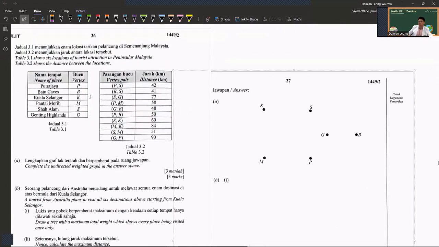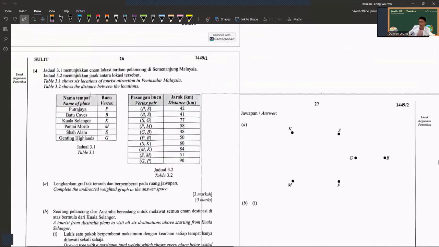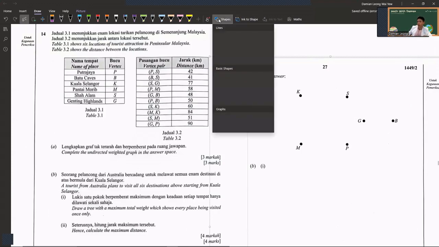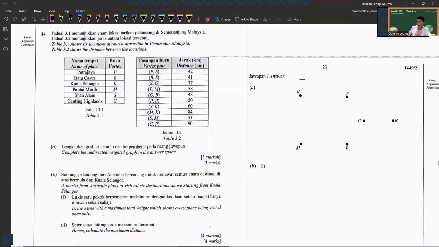Just follow the information given in the table. So we have PS, connect P with S, and label the weightage 42.